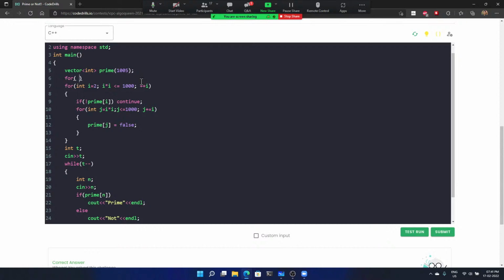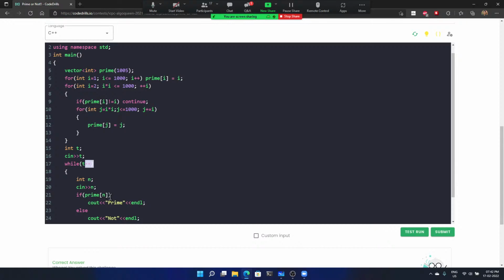So for int i is equal to 1, i less than or equal to 1000, i plus plus, prime of i is equal to i. I assume that all of the numbers are prime. Now here my check would change. If it is not a prime, then prime of i would not be equal to i, then I continue. Then instead of false, what I put is j.